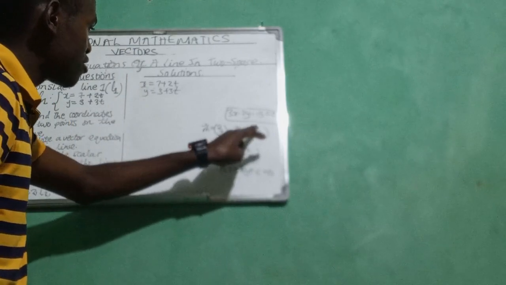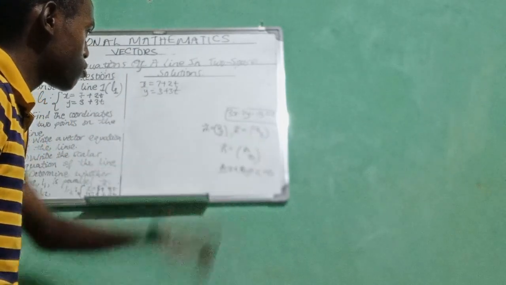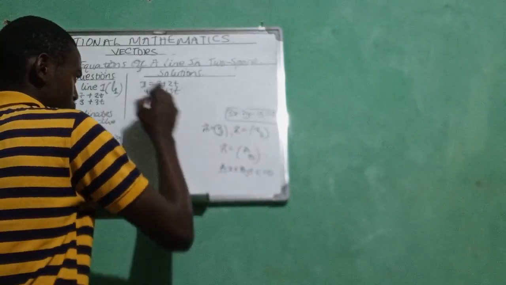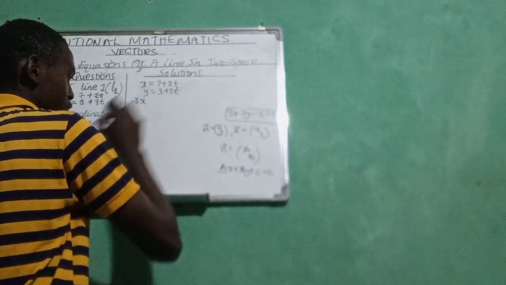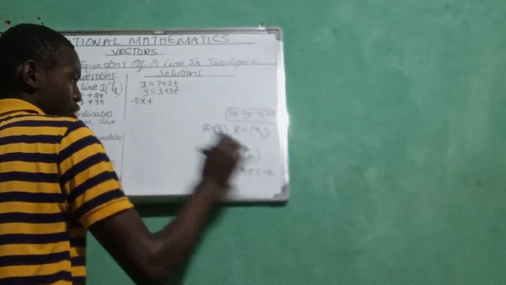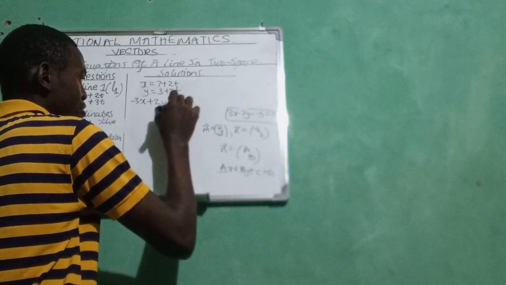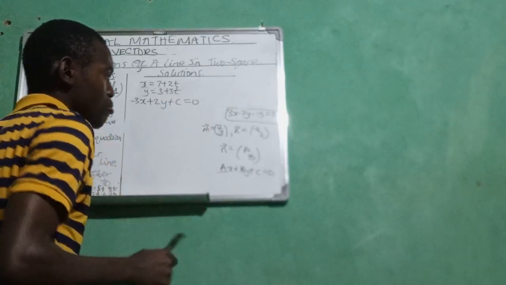The normal vector is (-3, 2). So how should we write that? Just say, in place of a, we'll put negative 3. Negative 3x plus, because it's positive 2, then there's a y, plus c is equal to 0.